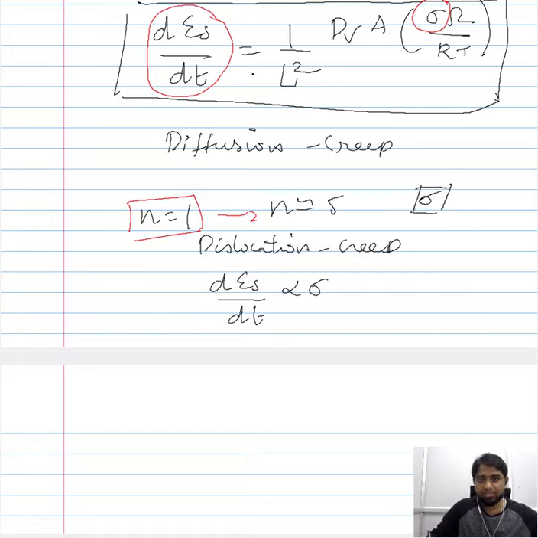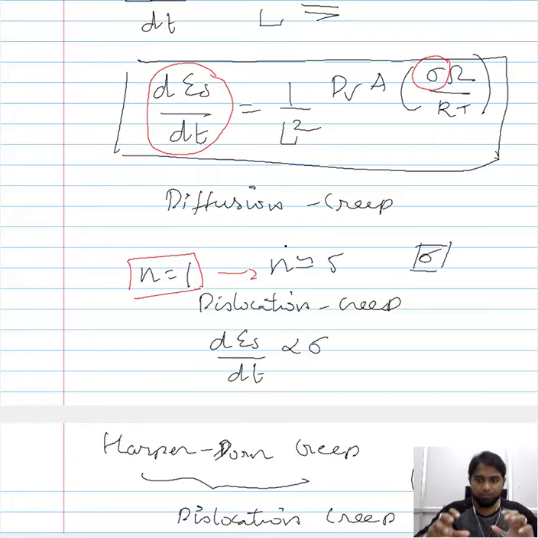So what largely characterizes the diffusion creep is the influence of stress in the formation of, or increase in, the concentration of vacancies. When you have a pronounced role of stress in the formation of vacancies, you end up with a mechanism referred to as the diffusion creep mechanism.